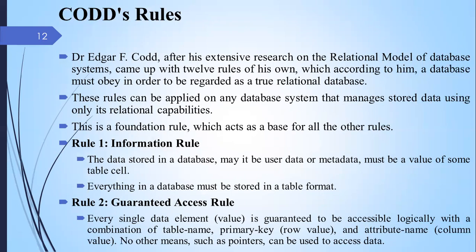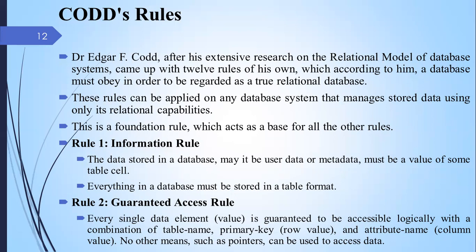After his extensive research on the relational model of database systems, he came up with the 12 rules, which were formed by him. According to him, a database must obey these in order to be regarded as a true relational database.